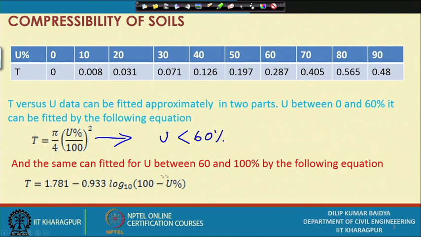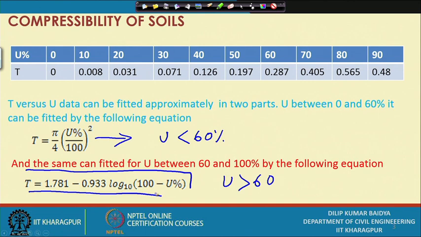And another equation when u greater than 60%, this equation is no longer valid, it will give error. So, we have another equation for u greater than 60%: T equal to 1.781 minus 0.933 log 10 base (100 minus u). So, these two things you actually need to remember from time to time for calculation.